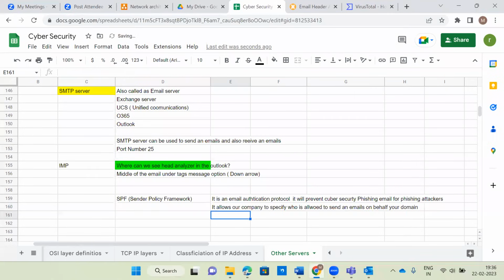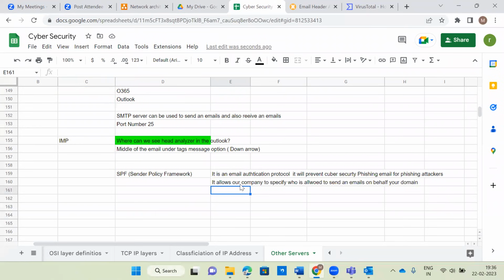Using Sender Policy Framework, we can achieve this particular process.